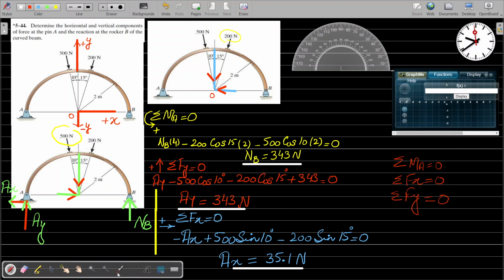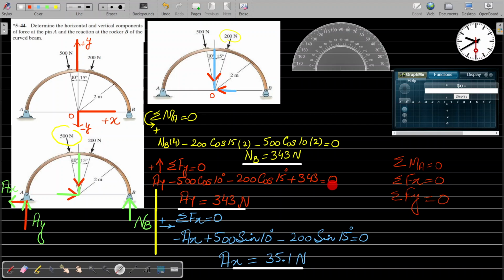Now we sum forces along the y-axis. We have this unknown Ay. We have already calculated NB, which is 343 Newton towards the positive y, and Ay is towards positive y. But the 500 cos 10 force is acting towards the negative y, and the 200 cos 15 is also acting towards the negative y, so they both will be negative.